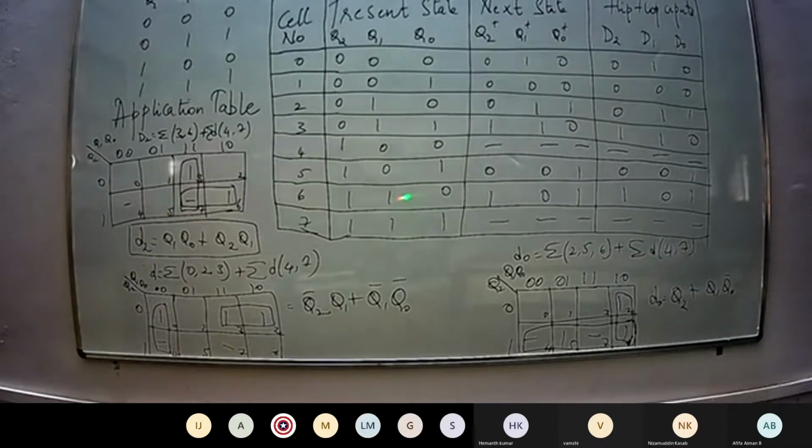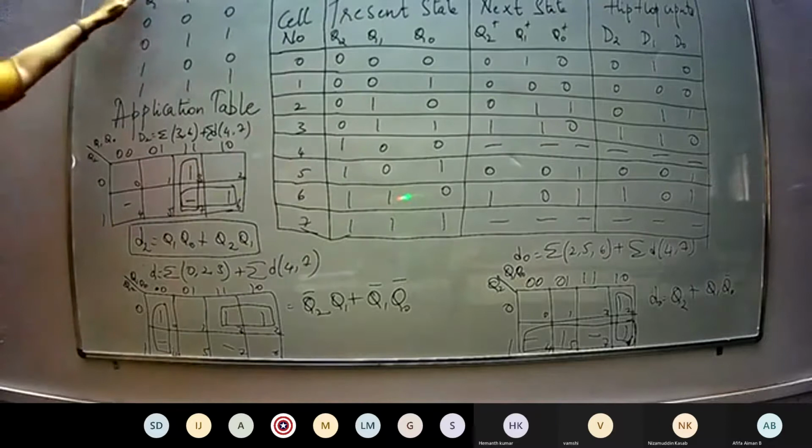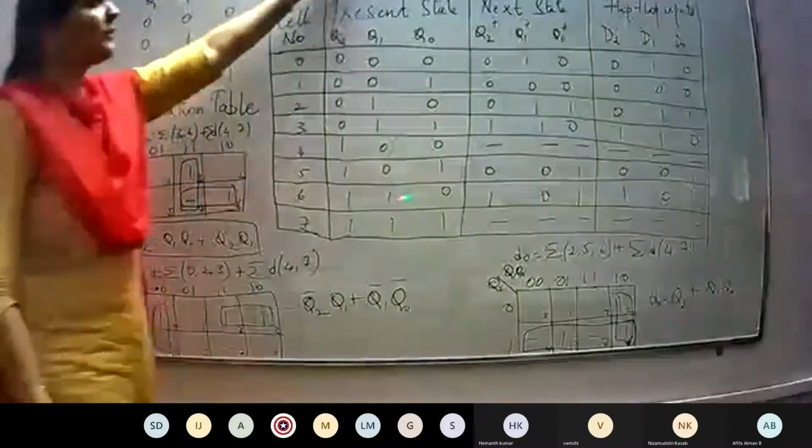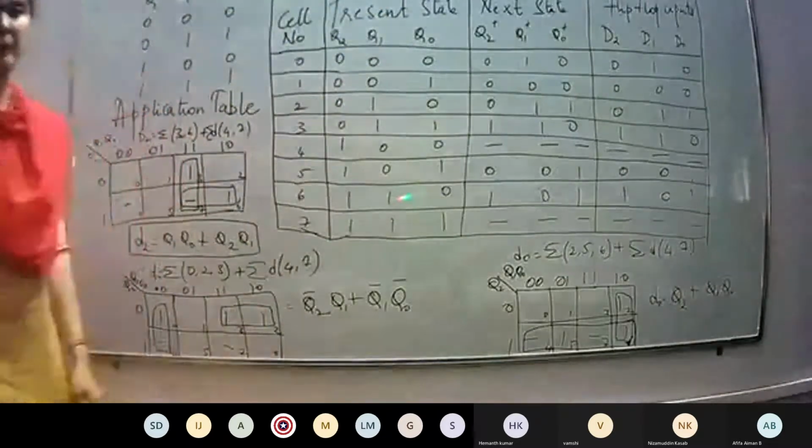As previously we have seen a synchronous counter using JK flip-flop. Today we will be seeing design of synchronous mod 6 counter using D flip-flop.